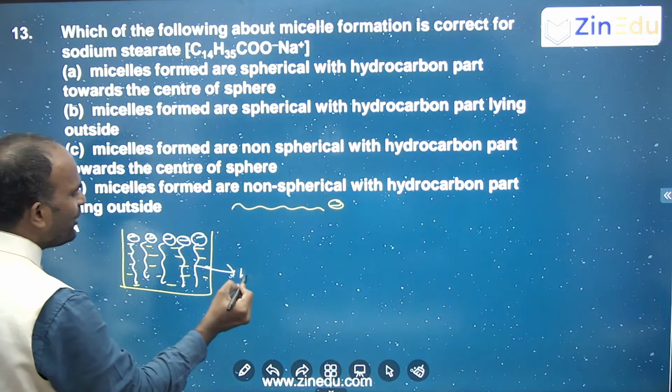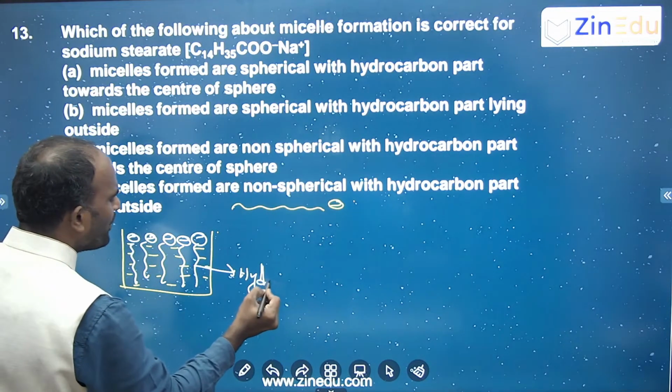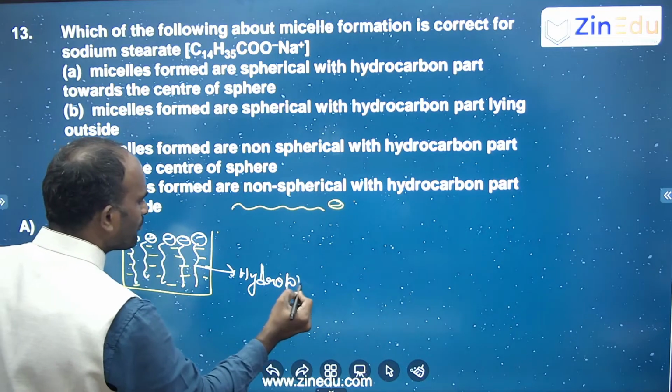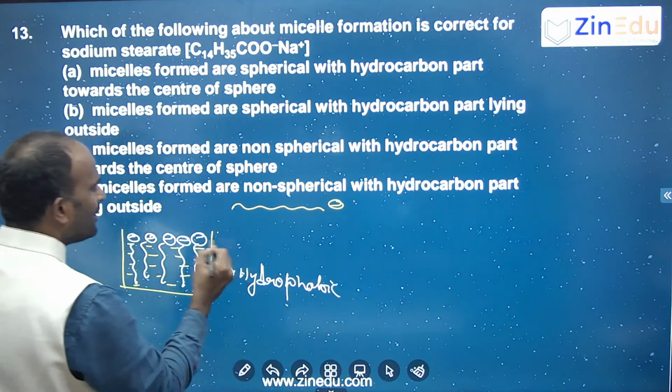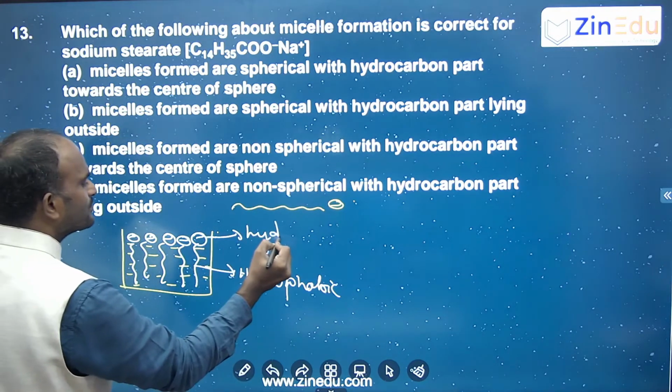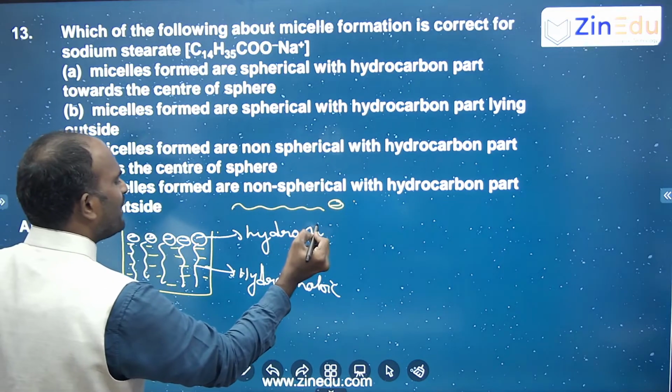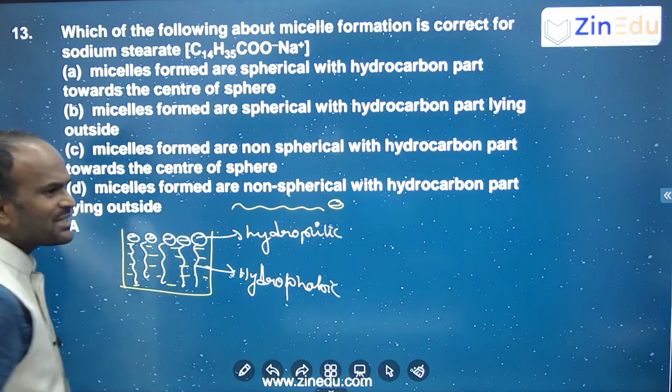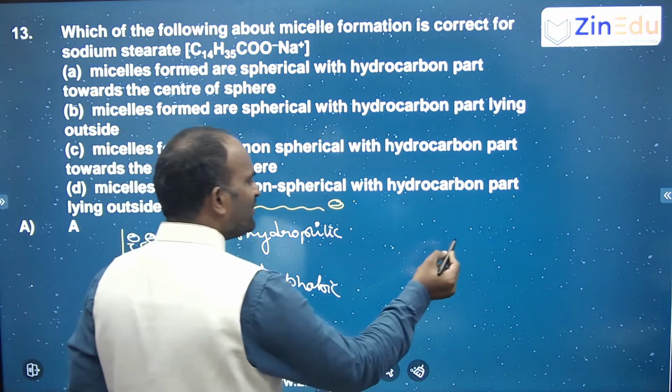So this is a hydrophobic part, and this is a hydrophilic part. But when it forms the micelle, it will be like this.